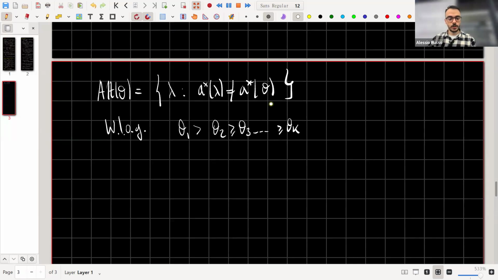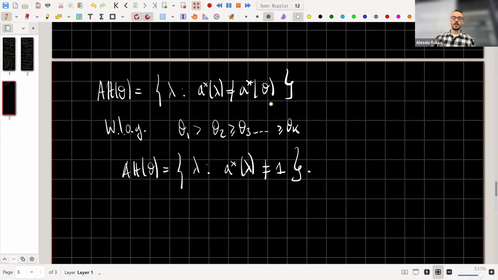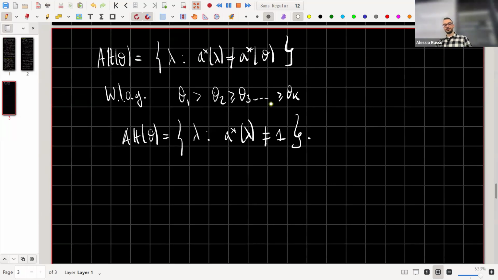So basically, we can rewrite the set of alternative models as the set of models where the best arm is different from arm one. But what is the best arm? The best arm is just the argmax over A of lambda_A.